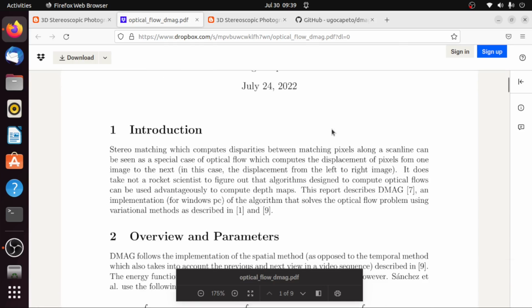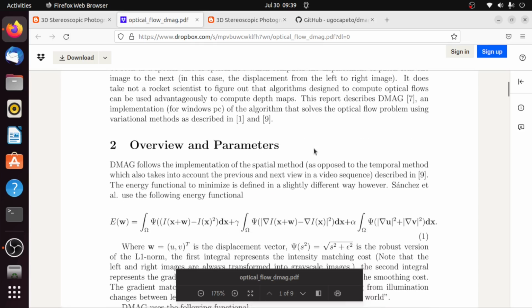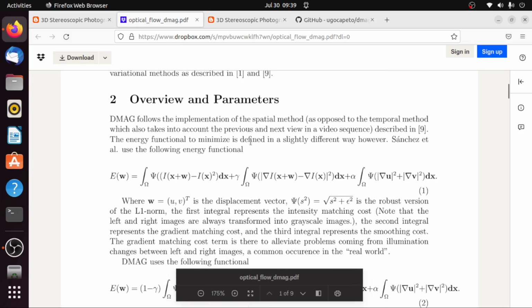Again, it shows this energy formula, which is basically kind of the same, but not quite as the one I showed before. The only difference is here. W is the displacement vector, so that's the UV displacement.